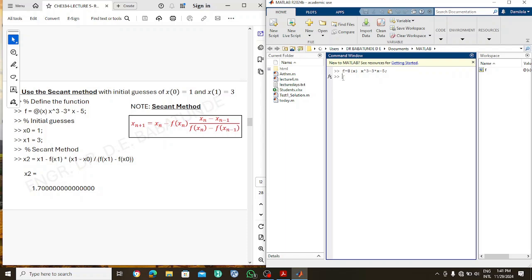Okay, so our x0. Since we have defined that function, it recognizes our x anytime we need it. So we have the initial guesses.